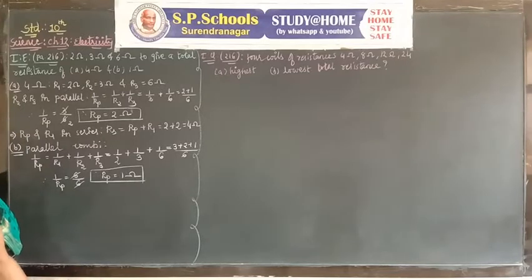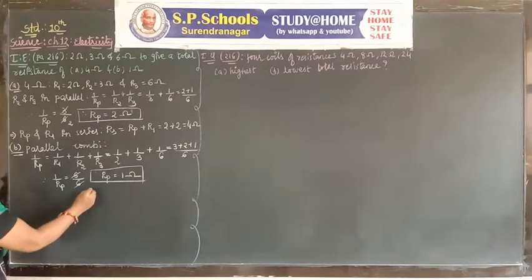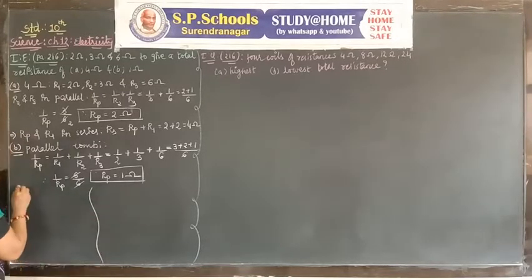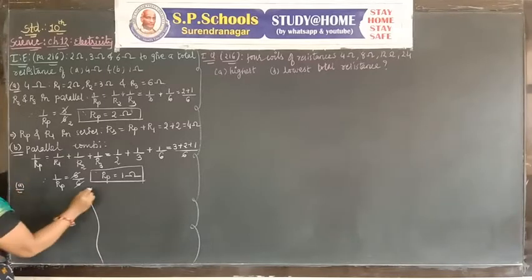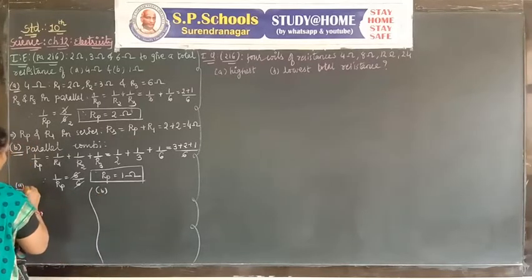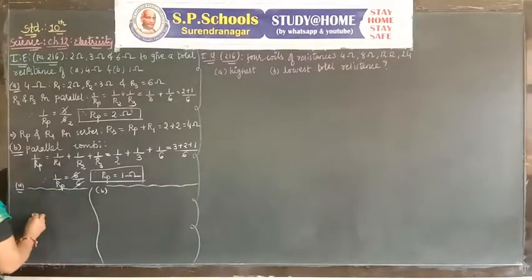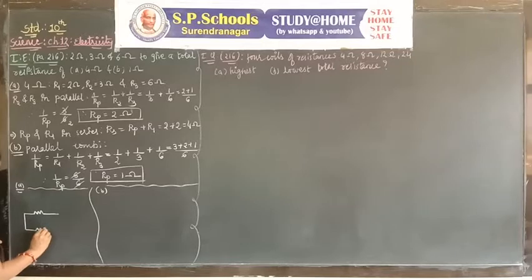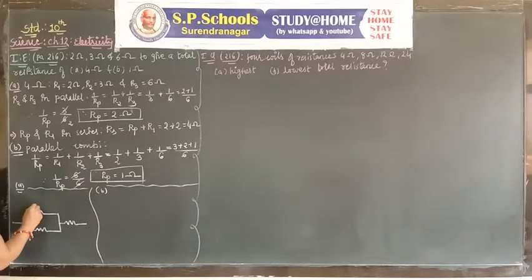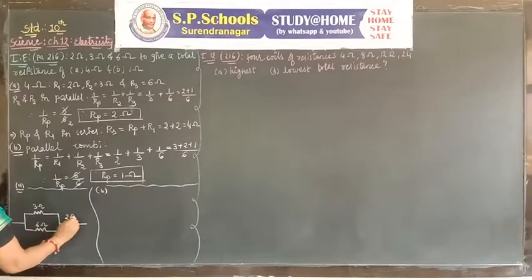We find it. Second, if we want to draw the diagram for the combinations in case of A and in case of B, in case A we connect 3 and 6 in parallel and 2 in series. Here the wire will be available: 3, 6 and 2.